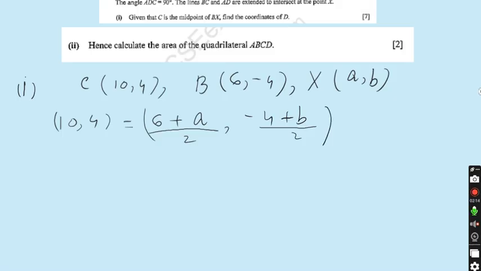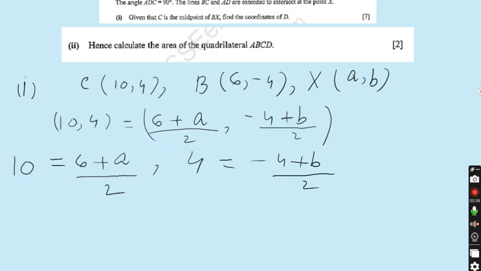When two ordered pairs are equal, their x value is equal to the other x value and their y value is equal to the other y value.